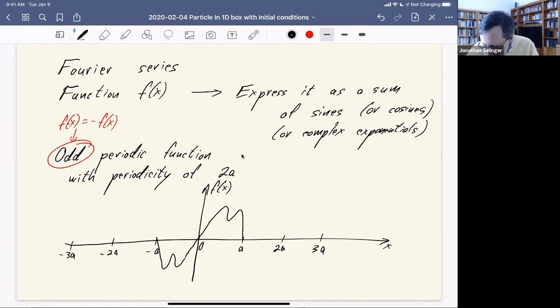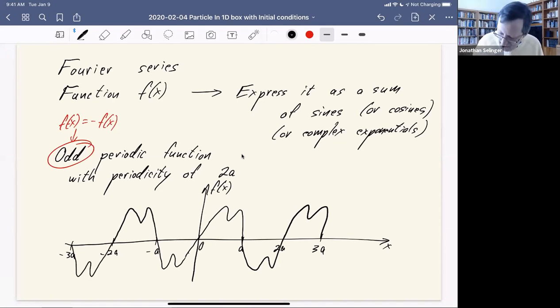Okay, now it's periodic, so I have to keep repeating it, right, with a periodicity of 2a. So let me attempt to do that. That's sort of a repeat. Okay, now I'll keep trying to repeat. All right. Well, it's not the greatest drawing in my life, but it's sort of a drawing of a periodic function with periodicity of 2a.